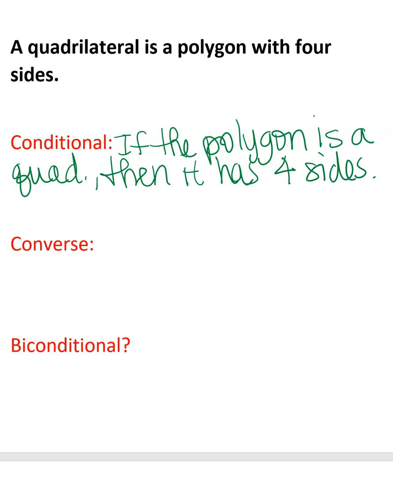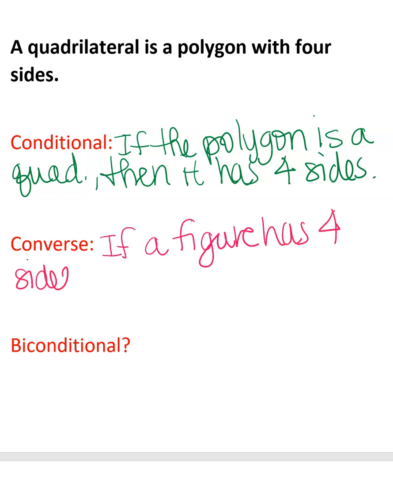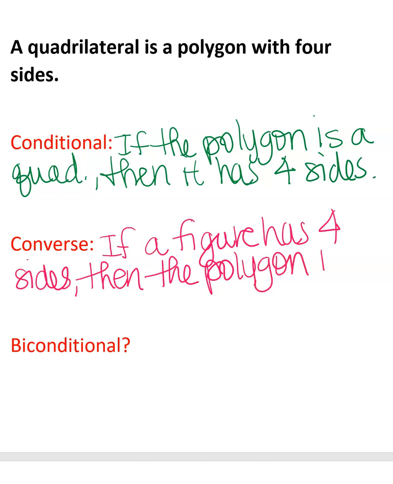So the converse will switch it around. We're going to put if where the then is. If a figure has 4 sides, then the polygon is a quadrilateral.